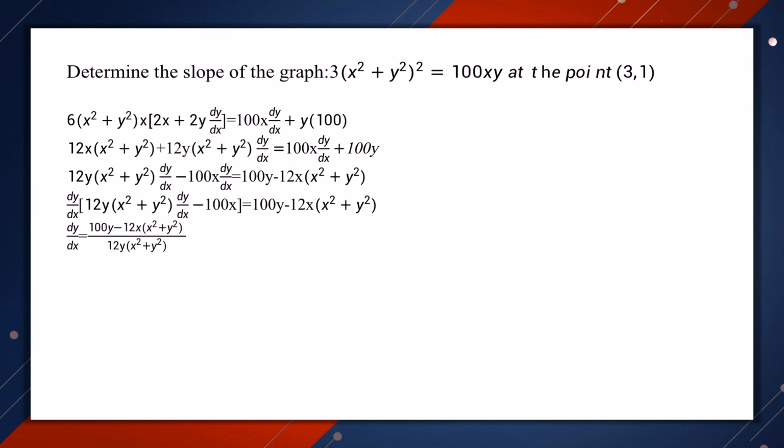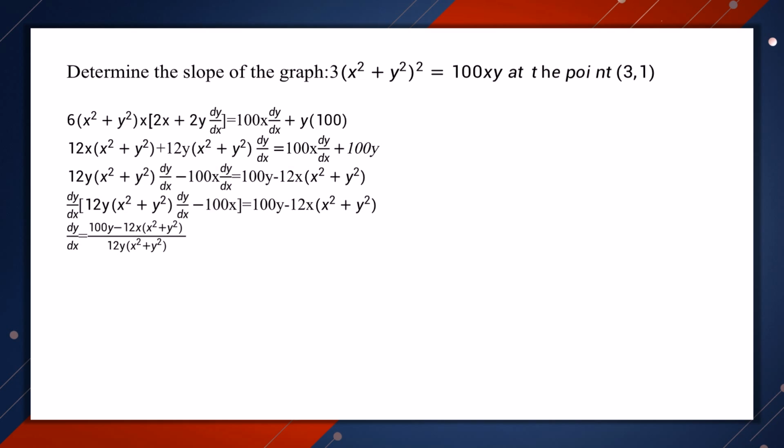We can get 12x times x squared plus y squared plus 12y times x squared plus y squared dy over dx is equal to 100x dy over dx plus 100y. 12y times x squared plus y squared dy over dx minus 100x dy over dx is equal to 100y minus 12x times x squared plus y squared.